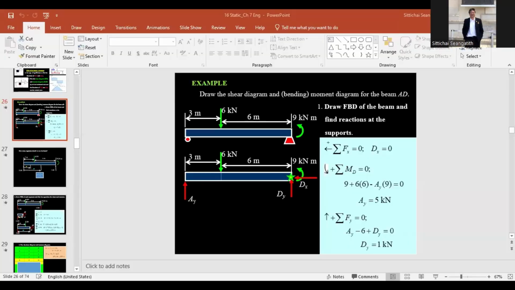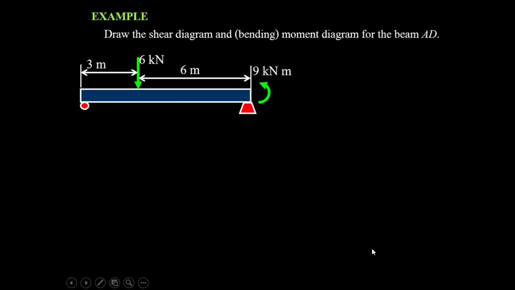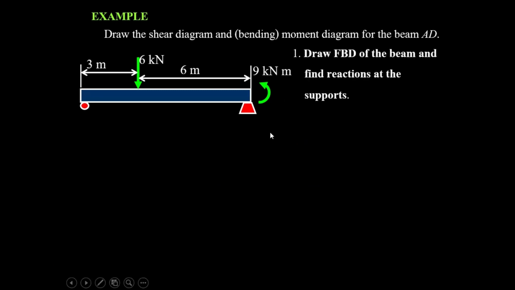Okay, class, let me take you to the second part of our 17th lecture, and we have finished this example already. Okay, and I should go through it again to mention something important. First, drawing the free body diagram is very important.